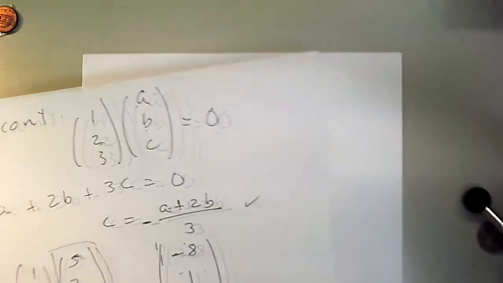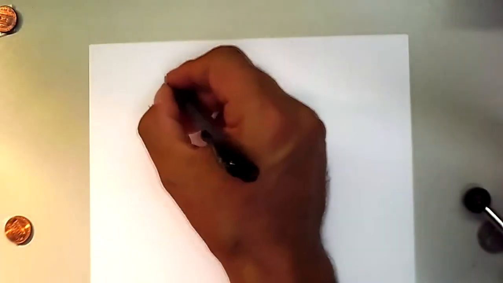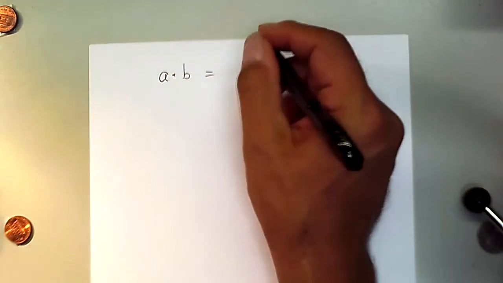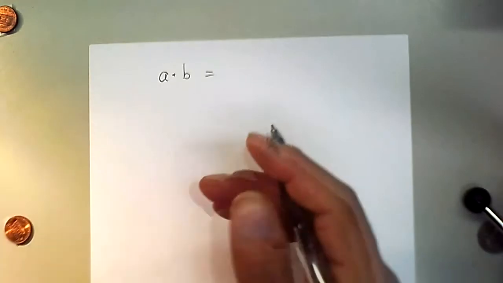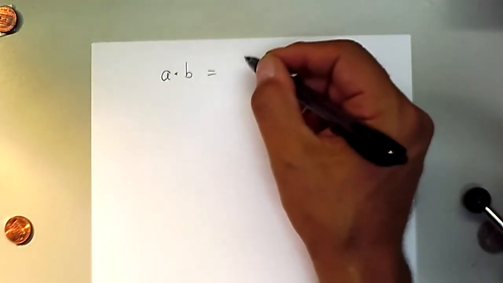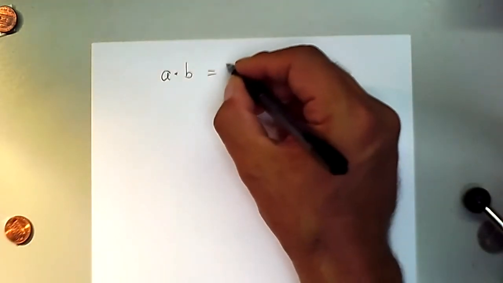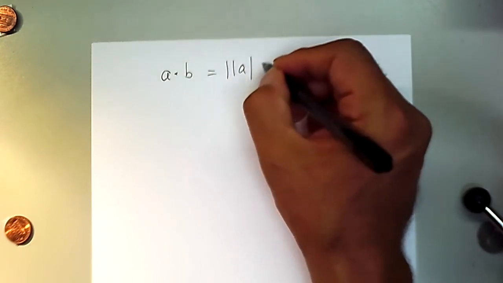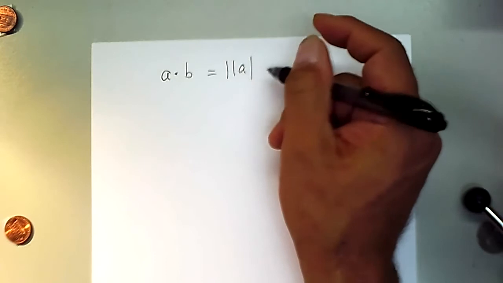There's more to this. It turns out that the dot product is actually related to the angle between the two vectors. More precisely, it is exactly the magnitude of one vector. Oh, these are vectors.